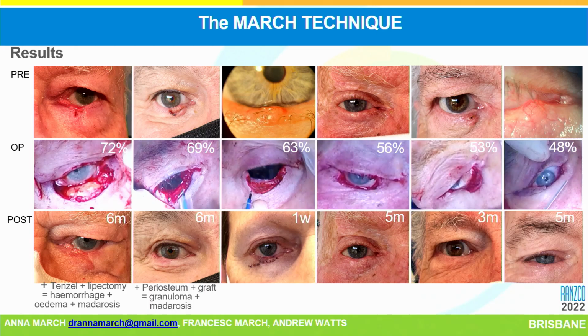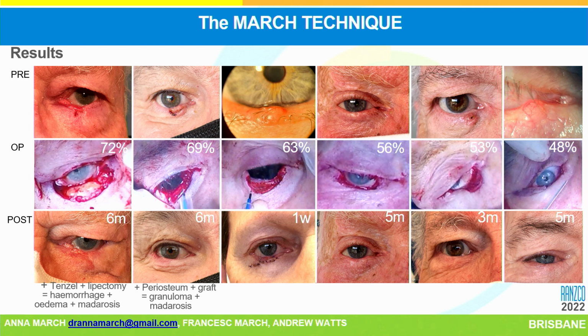Actually, with the 6 patients recruited, the first 2 had a combined surgery. Those were the patients that had the biggest defect and had madarosis as the major complication. And we have to say that the main reason for those patients to have a combined surgery was that those were the first patients with this new technique to be done, and the reassurance of other well-known surgeries.